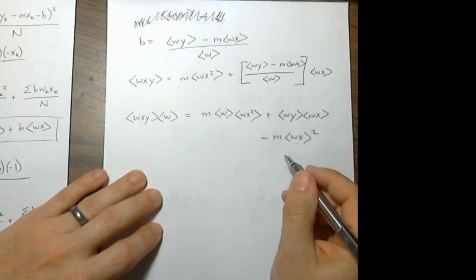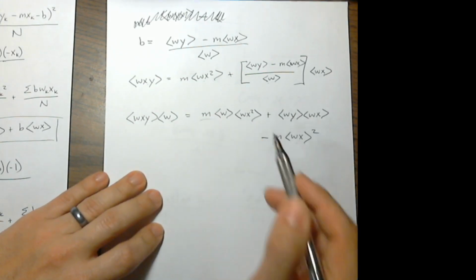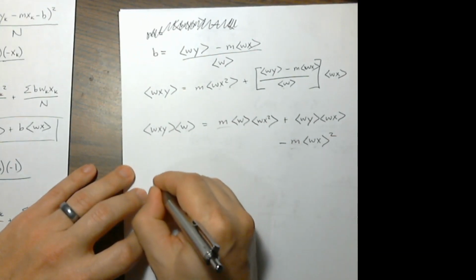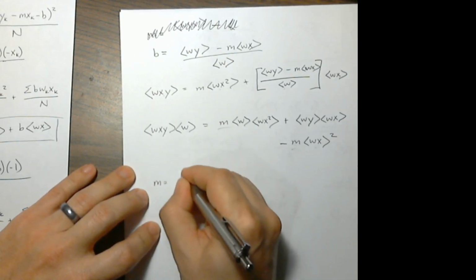Okay, so let's solve for M. So we have two sources of M. So 2 doses of M will give us this.